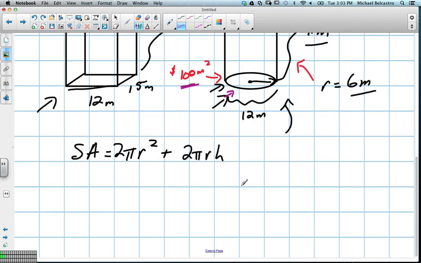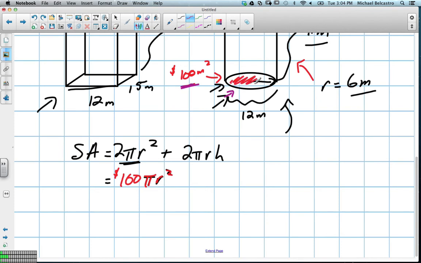I think they wanted a cylinder. They said in the question they wanted it to be a cylinder. So what that means is this now becomes one of the costs: our cost times our area. Since this is the area of one of the faces, pi r squared, multiplied by the cost being 100. I'll put these in colors for us, okay? So our cost is $100 for the one on the bottom, pi r squared.